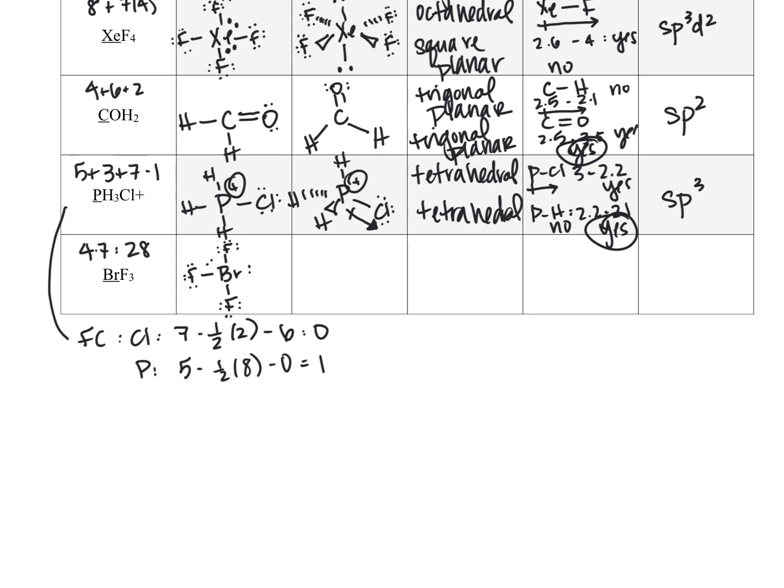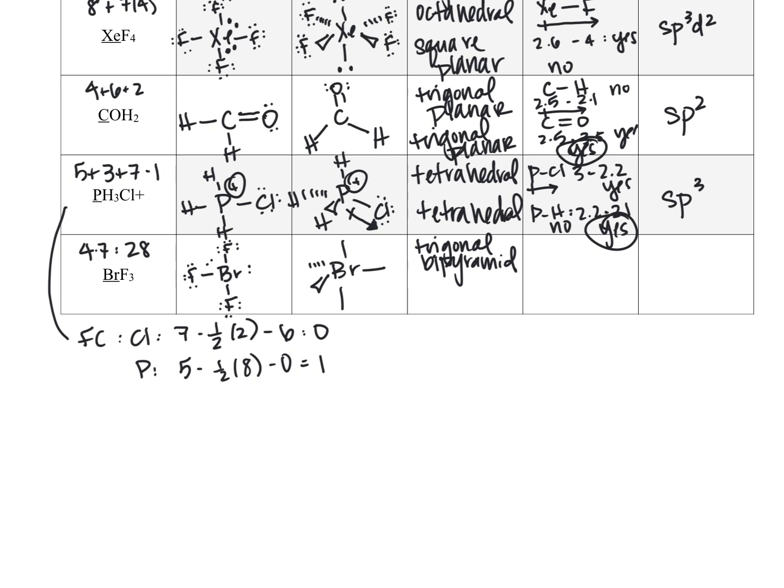And so now, how many things are connected to bromine? 5 things, 3 atoms, 2 lone pairs. So that is a trigonal bipyramid. And so now we can draw that structure where we have our bromine here and we see this compound.